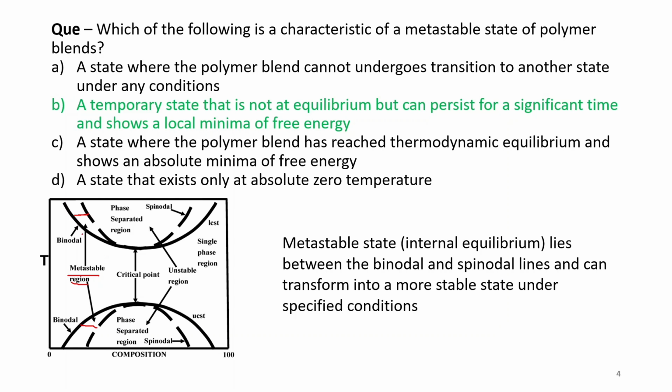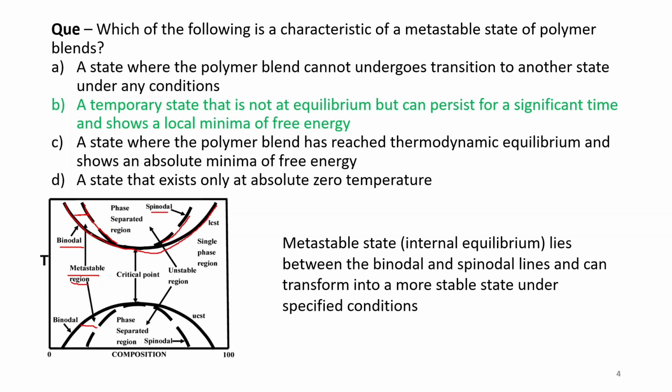The continuous dark line is the binodal line, and inside it there is a dotted line, which is the spinodal line. The area between these is the metastable state.